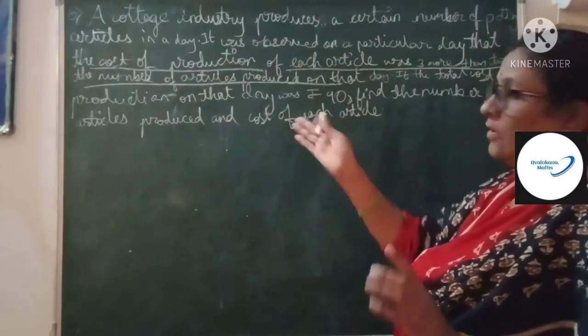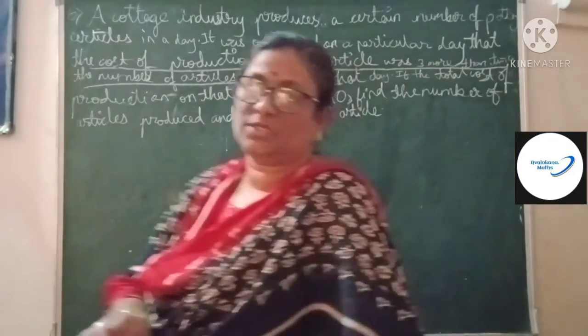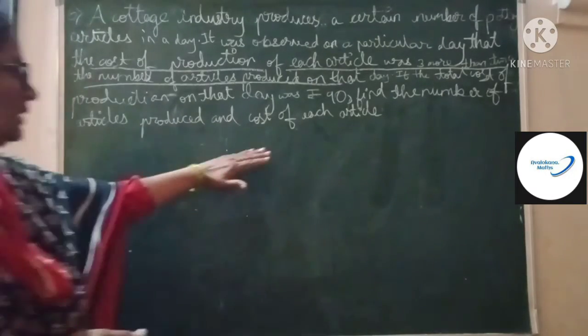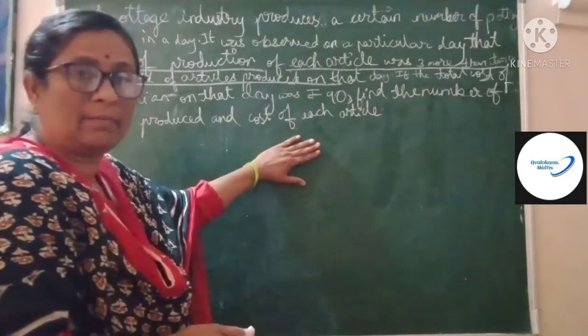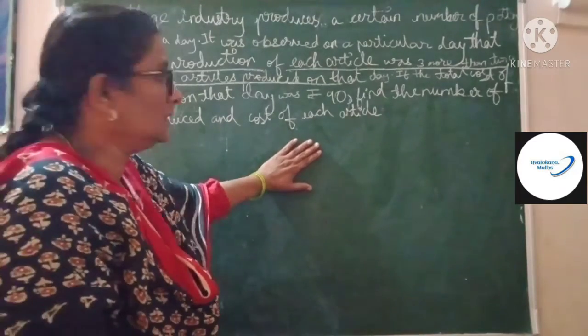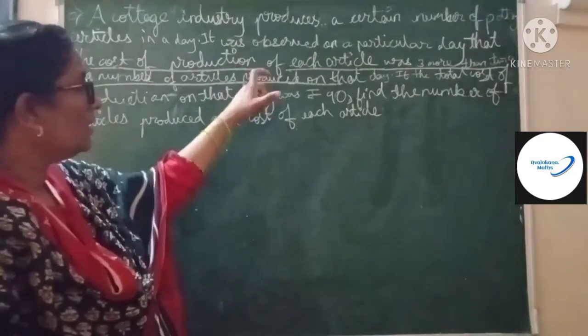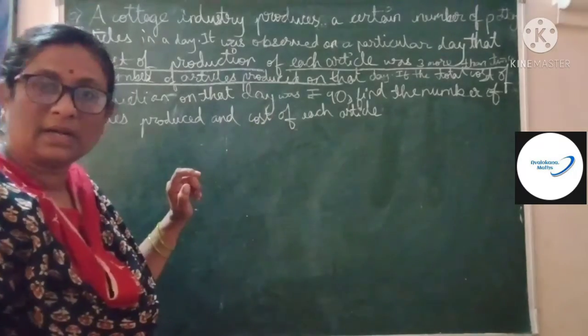So what we will do, we have to assume let the production of the pots on that particular day be X. So if you take the number of articles as X, you can come to the cost by using the given condition.